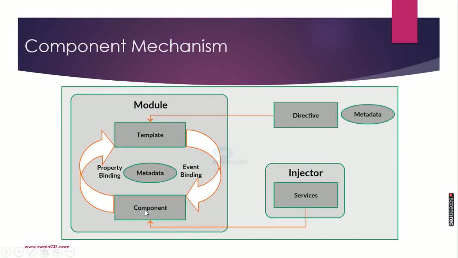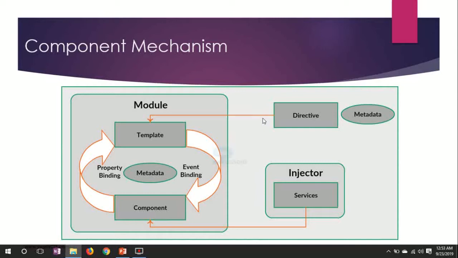Whatever logical functionalities or operations we do in the component, when completed we send it to our template. How is it connected from the component to the template? Using property binding. What property binding is, we will discuss in later chapters. When we put some data in the template and it comes to the component file, in that scenario we use event binding.